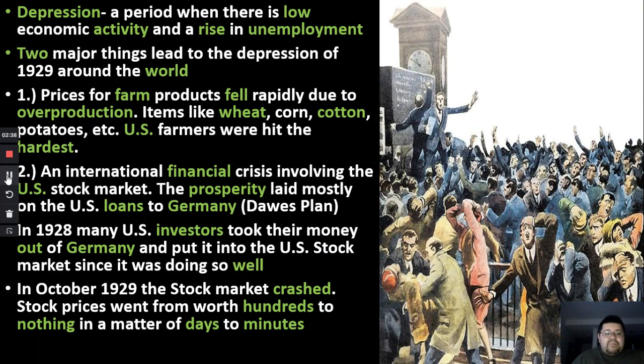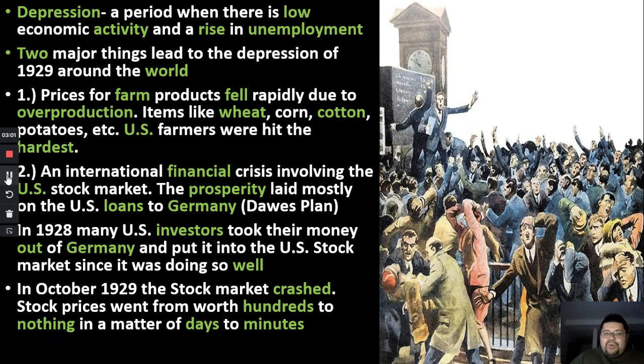So what happened was a lot of farmers saw that people were paying a high price for wheat, corn, cotton, potatoes, things like that. So they started saying, hey, let's make a bunch of wheat, let's make a bunch of corn, and make a bunch of cotton and sell it at this high price that it's at right now. Here's the thing though.